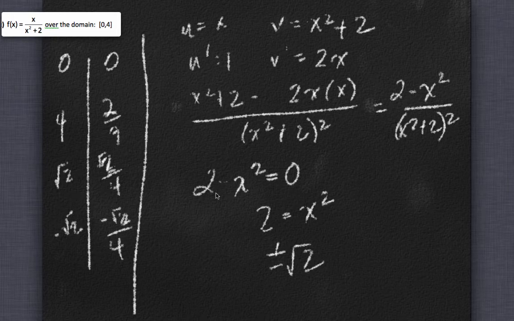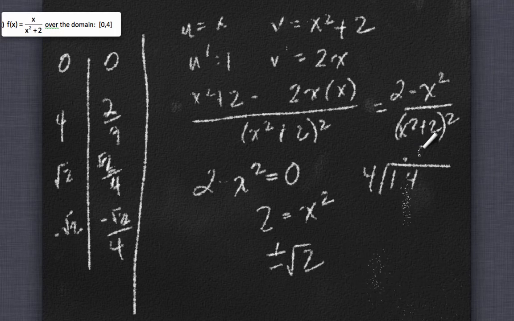Root 2 is like 1.4. So root 2 over 4 is less than 0.4. It's around 0.35.